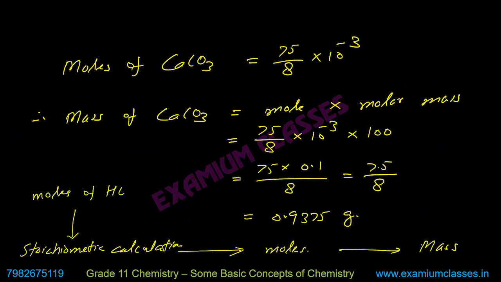You did a stoichiometric calculation by the unitary method and got moles of calcium carbonate. From moles of calcium carbonate, you multiplied by the molar mass of calcium carbonate to get the mass.